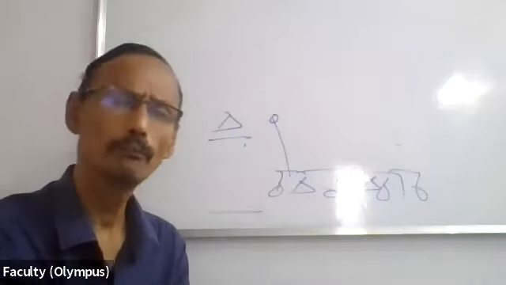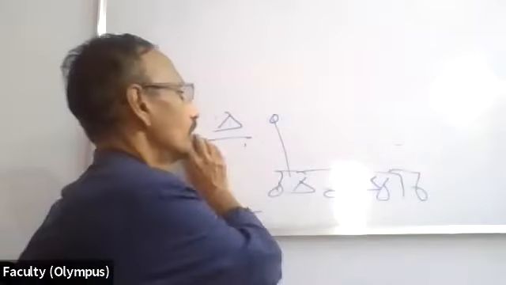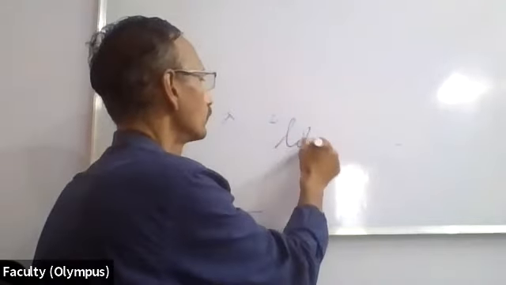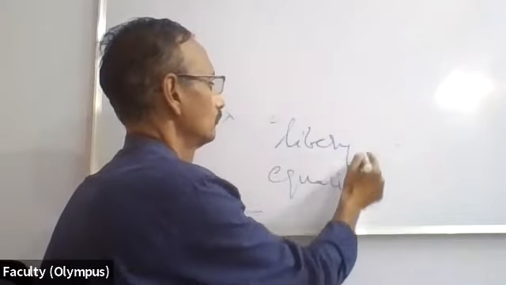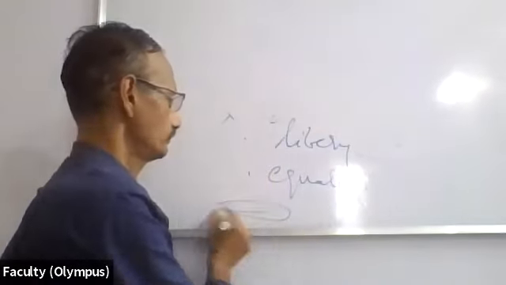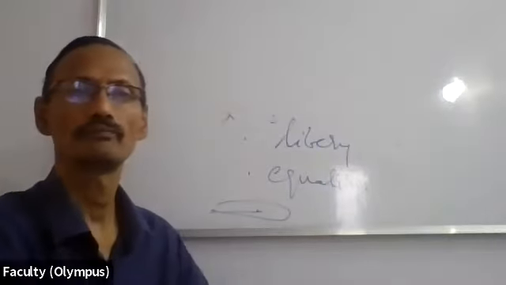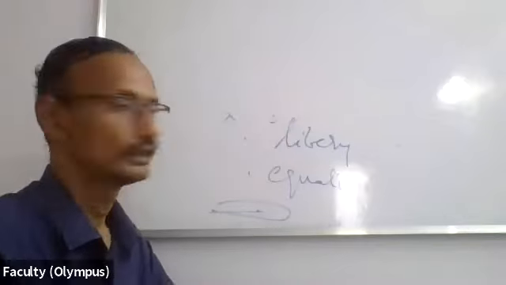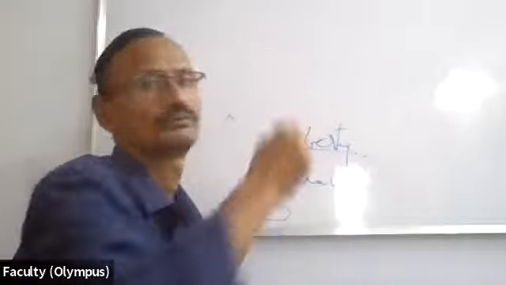Equality is an important aspect of modernization. These are very important aspects of modernization: liberty and equality. Fraternity is different. Earlier, liberty was not a value.